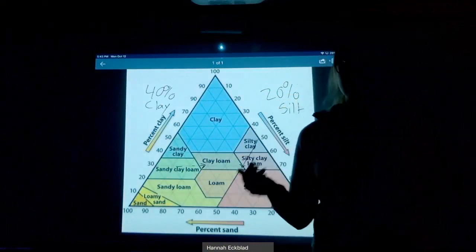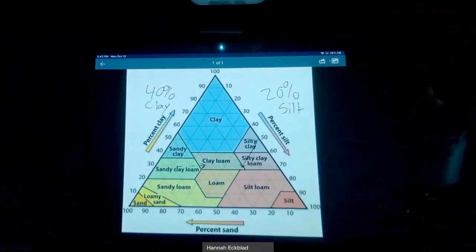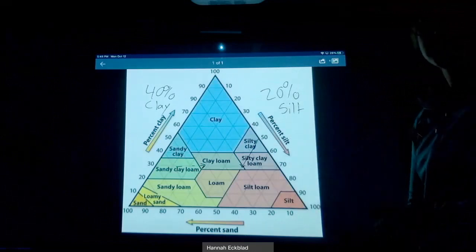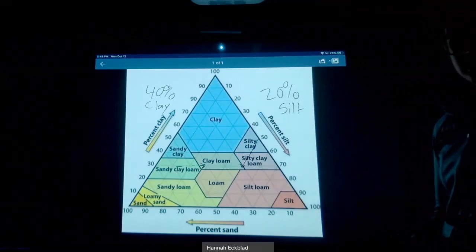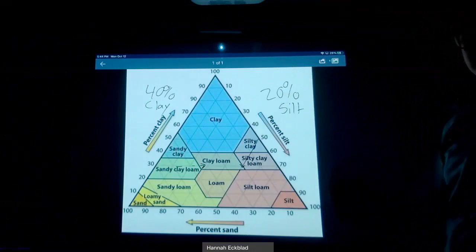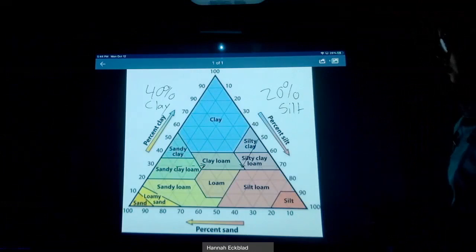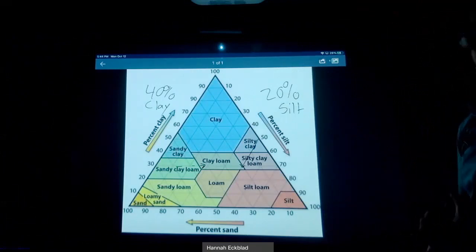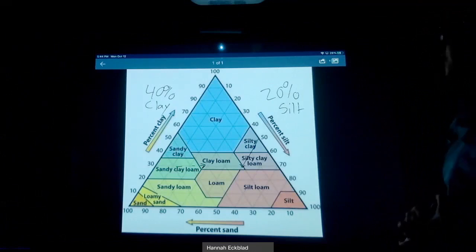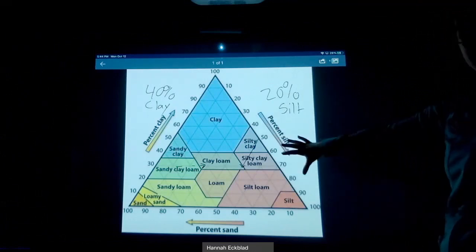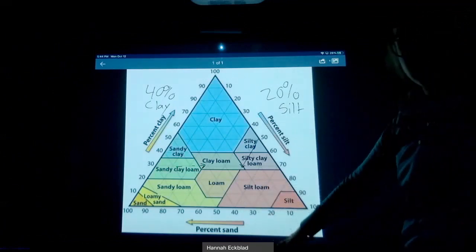I don't know what percentage sand it is, but I could tell you that 20 plus 40 is 60, and a percentage has to equal 100. So it is 40% sand. But we don't even need to know that right now.